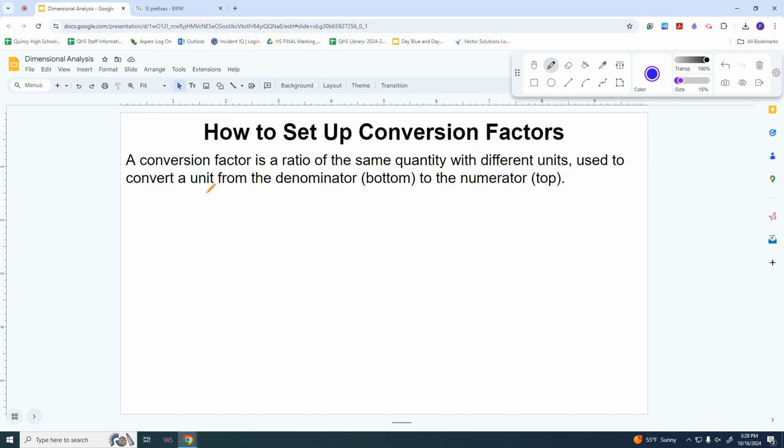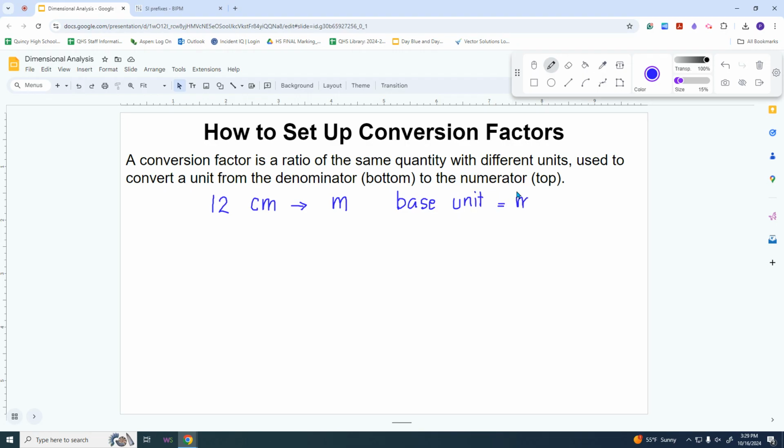So if you want to convert, say, 12 centimeter to meter, you have to know that your base unit is your meter.